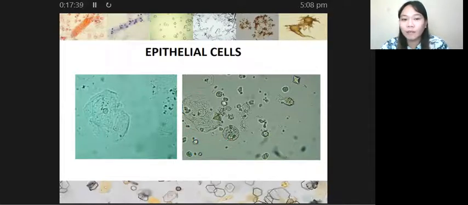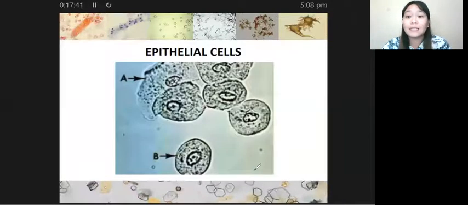Okay, so the next type of epithelial cell, we have your transitional epithelial cell. So just like what I have mentioned, ano yung ibang names ng transitional epithelial cell natin? We have urothelial cell, caudate cell, okay, and huwag kakalimutan, do not forget, yung ginamit nila in the recently concluded board exam, bladder cell. Okay, so those are the terms that we use in order to refer to your transitional epithelial cell.